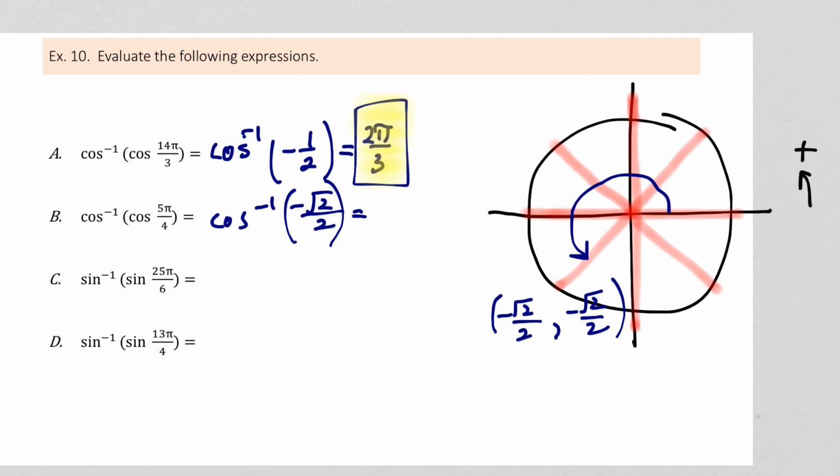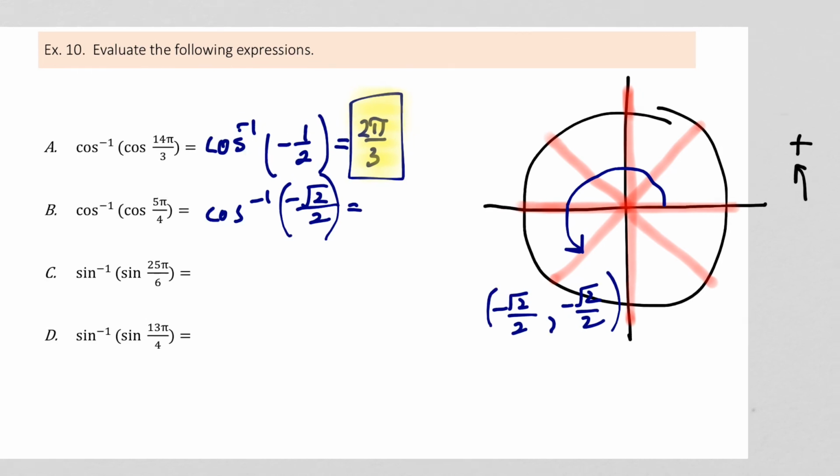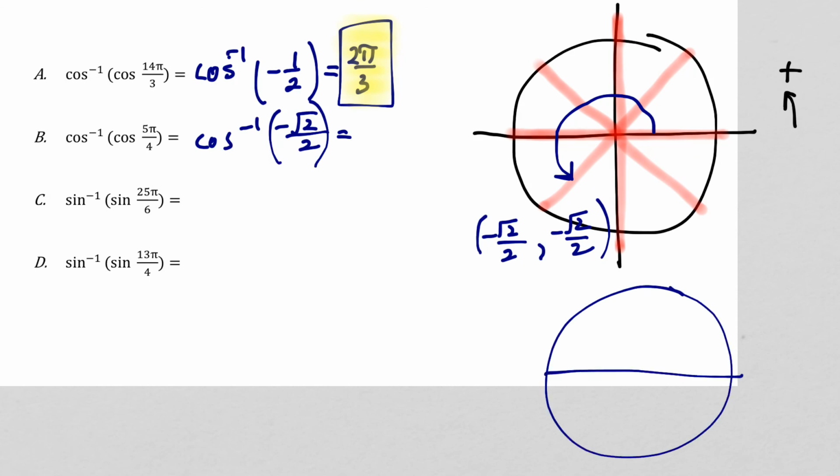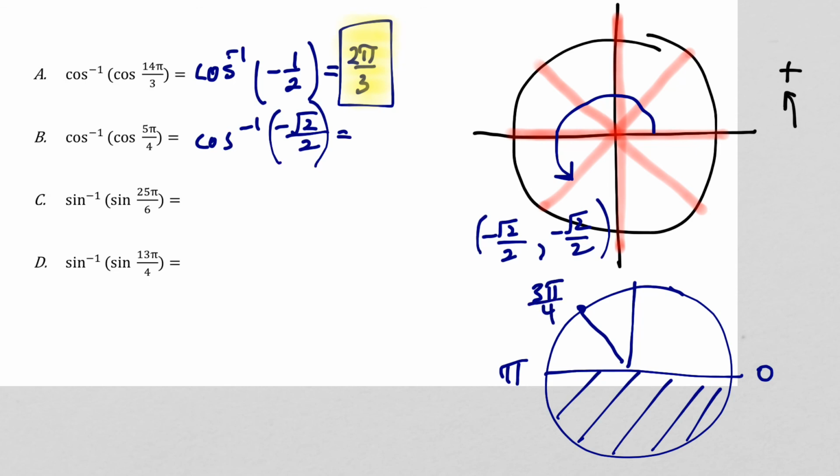All right, then we look at our allowable range of values for the inverse cosine. I'm between 0 and pi again, and I can't use these angles down here. So if I want to have the same cosine, I'm going to have to go up here, where the cosine of 3 pi over 4 is the same.